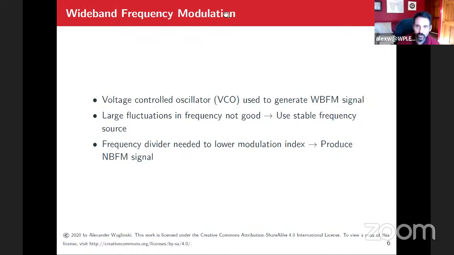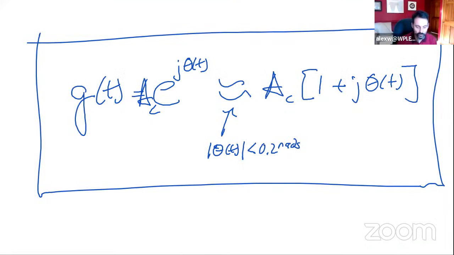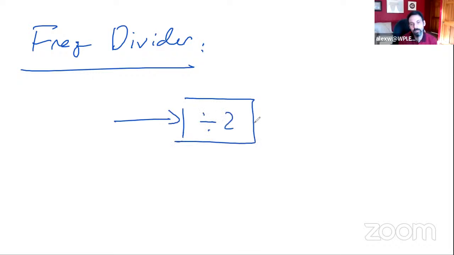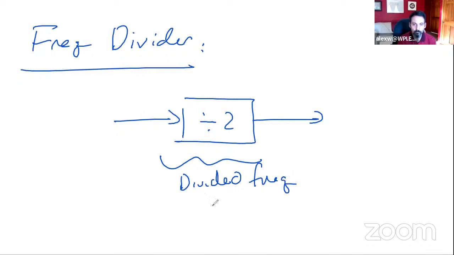To do that, there is a thing we saw a little bit before, called a frequency divider, and we saw a block that looked like this. Here, we divided the frequency by 2.